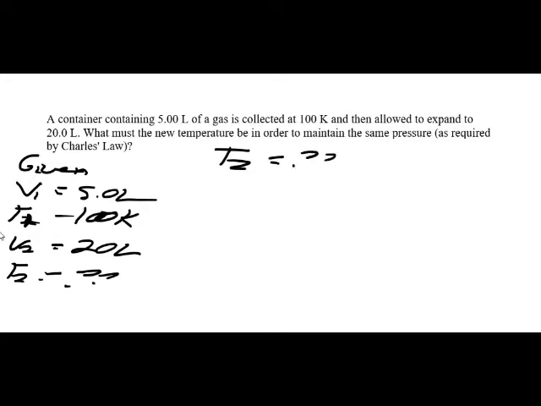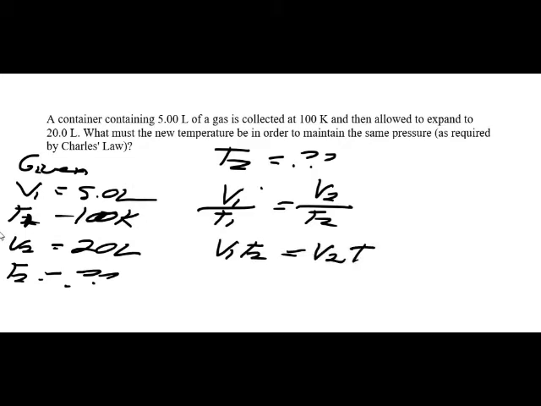So, that would be V1 divided by T1 is equal to V2 over T2. V1 T2 equals V2 T1. So T2 equals V2 T1 over V1. We'll use this equation.